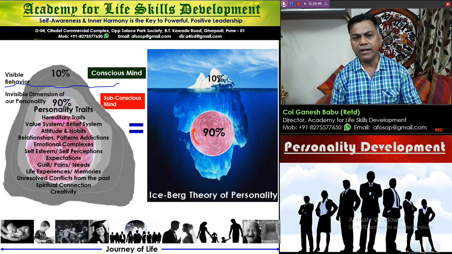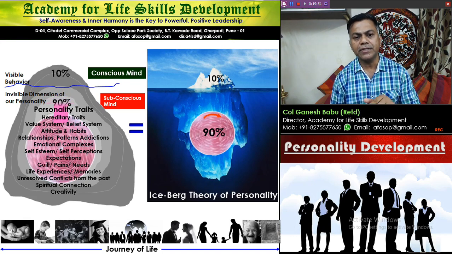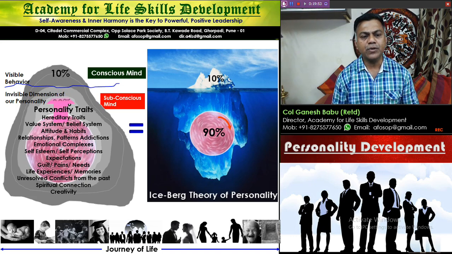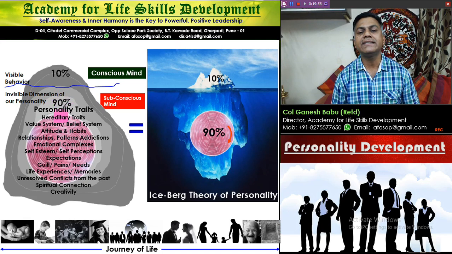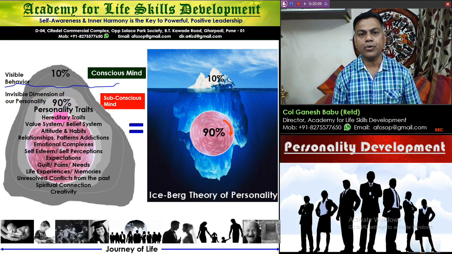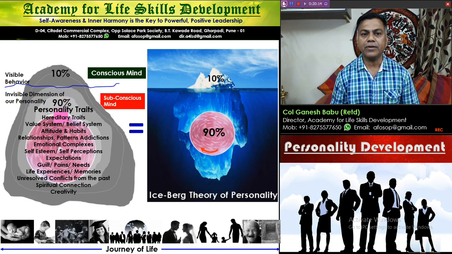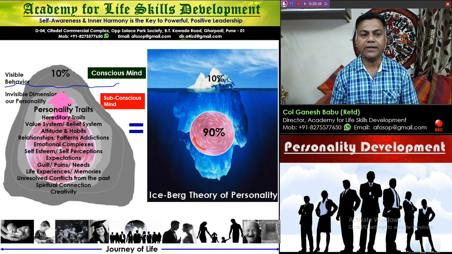Everybody says that 10% is the conscious and 90% is the subconscious mind. I just wanted to show you what lies inside this 90%. What is on the surface can be completely different from one person to another. Even if you're born of the same mother, as twins, your personality parameters are completely different because of life experiences, hereditary genetics and habits.